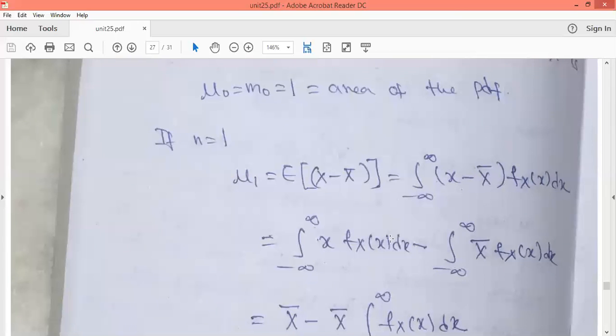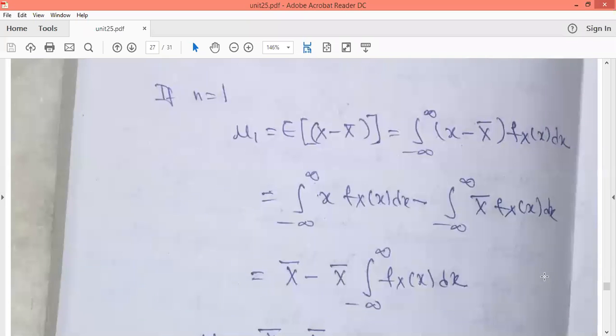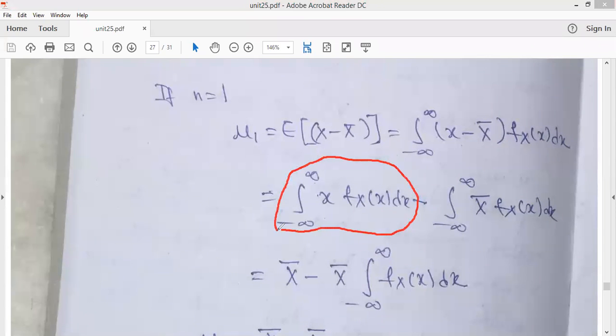We apply the integration separately to each term. So we get the integral of x f_X of x dx minus the integral of x bar f_X of x dx. The first integral is nothing but the expected value of x, which is its formula.